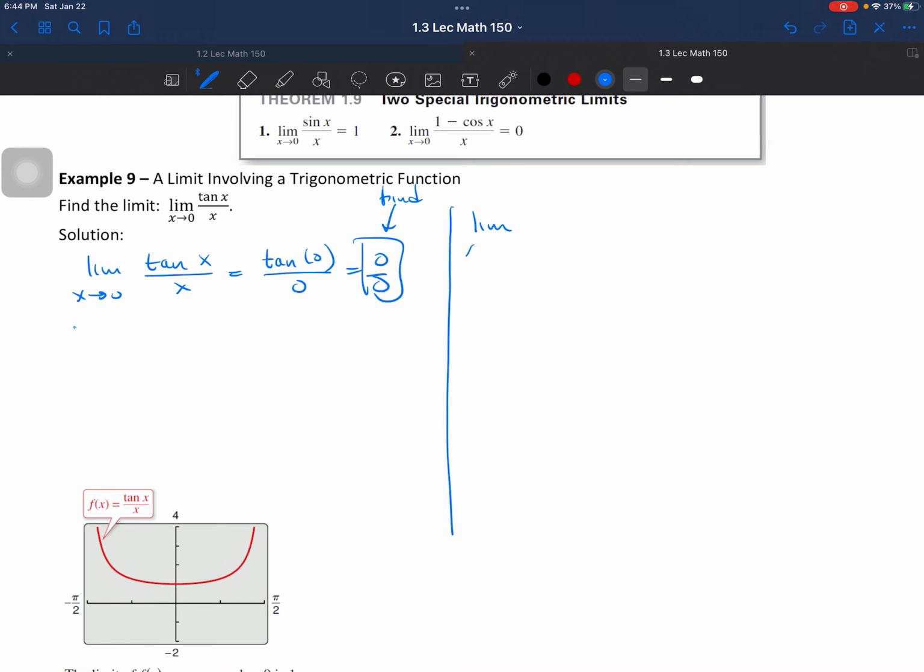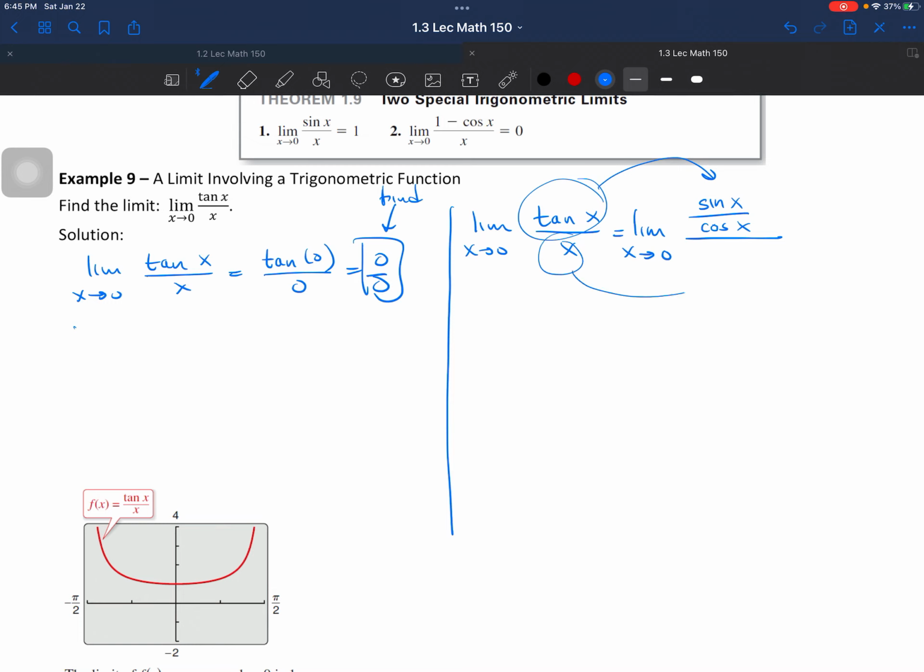So we don't have any algebra we can do, and we don't have any special trig limits that will help us with this. So instead, what we're going to do is use one of those two. In fact, what do we know about tangent? Tangent is, by definition, sine of x over cosine of x.